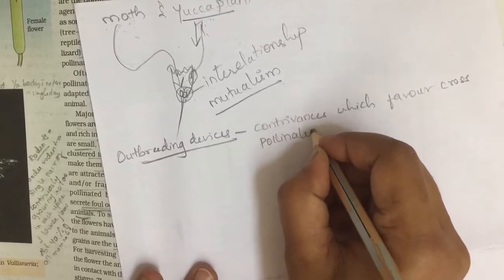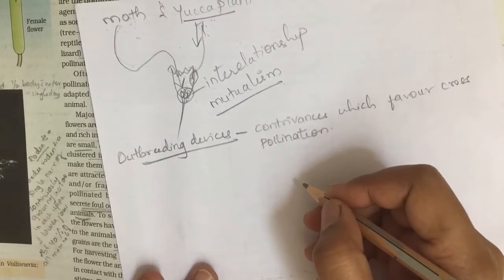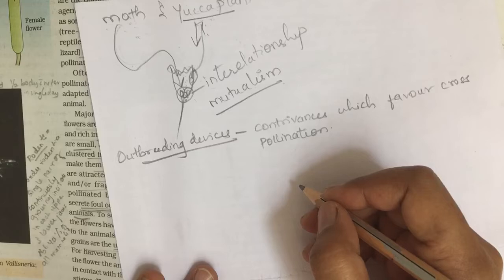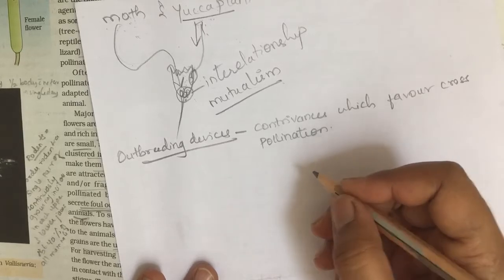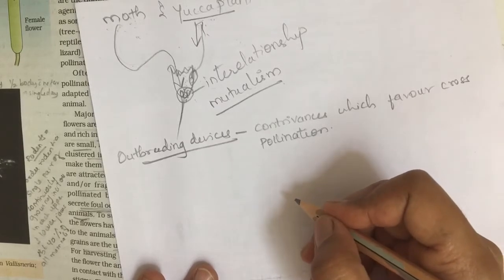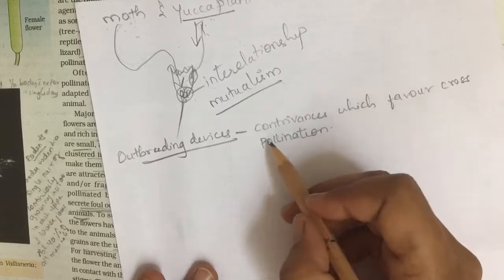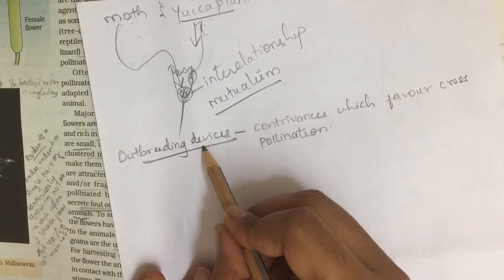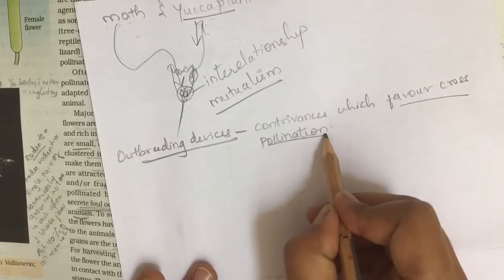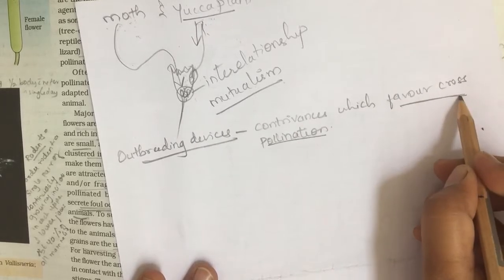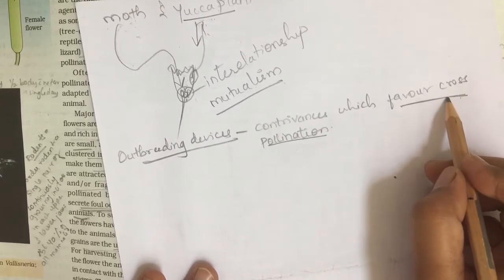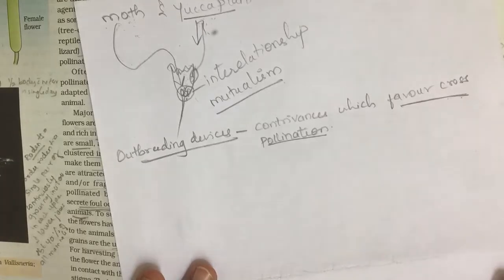We have studied in autogamy the contrivances which favor self pollination, like homogamy and cleistogamous flowers. Here, outbreeding devices are those devices which help cross pollination and do not help self pollination. Okay, fine.